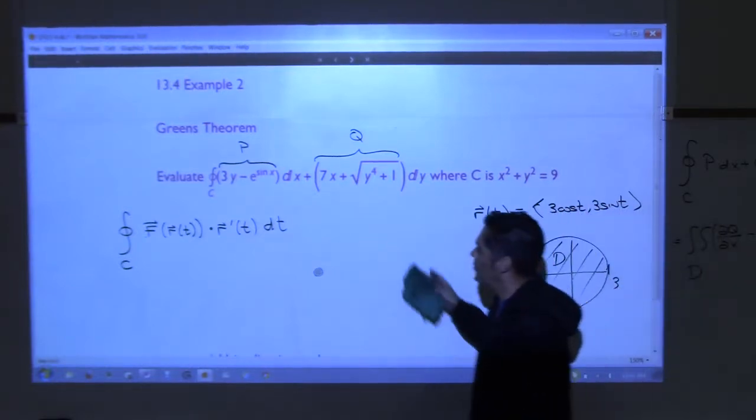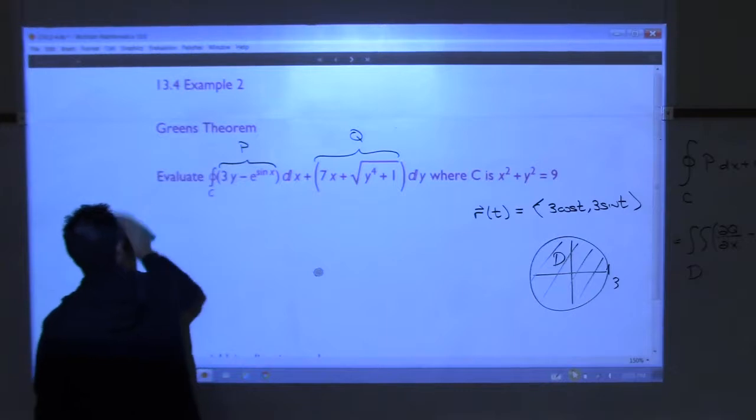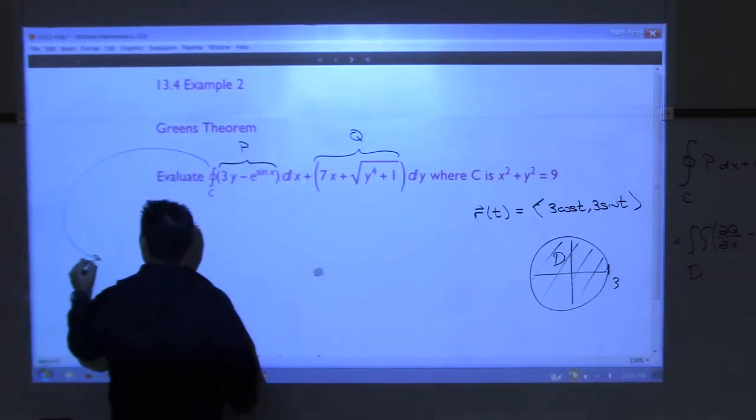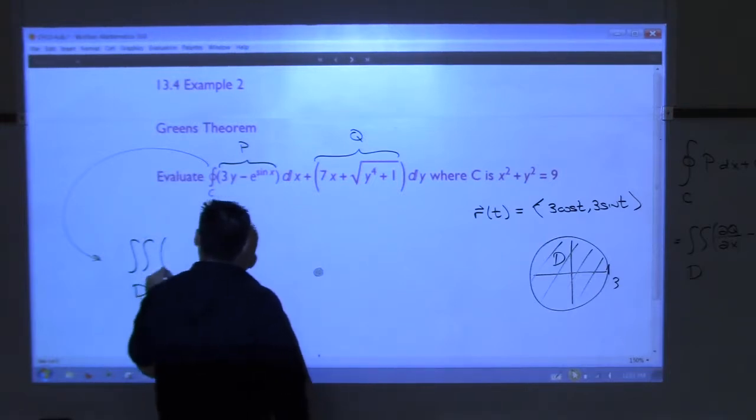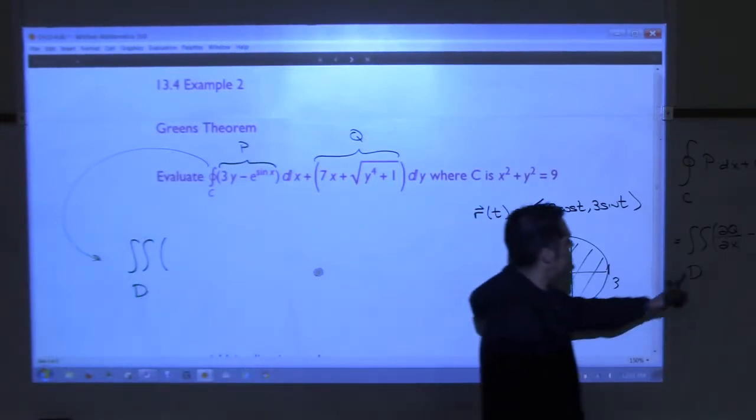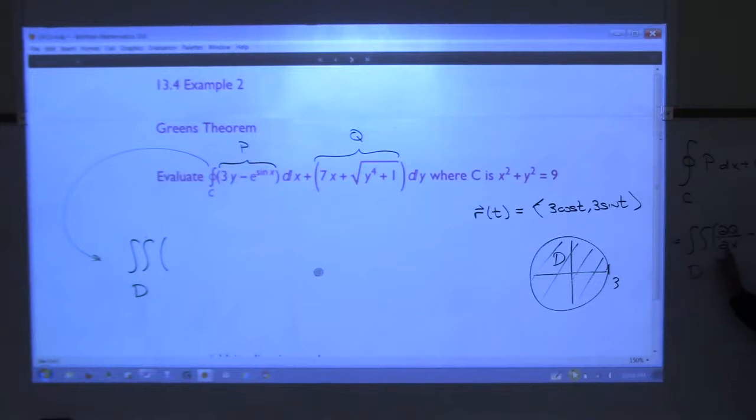So what would we have here? This becomes the double integral over the region D of the partial of Q with respect to x. Now that looks like it might be bad, but let's see if it is.